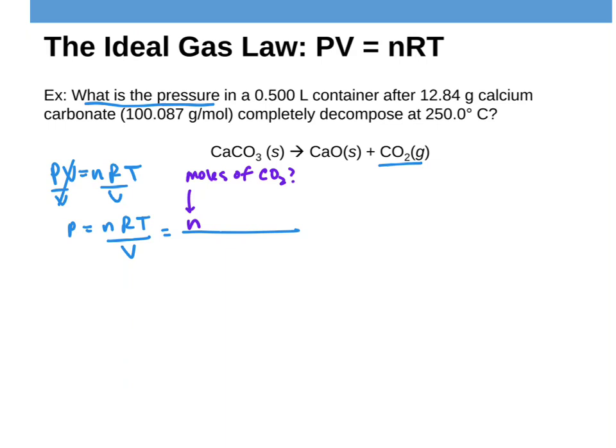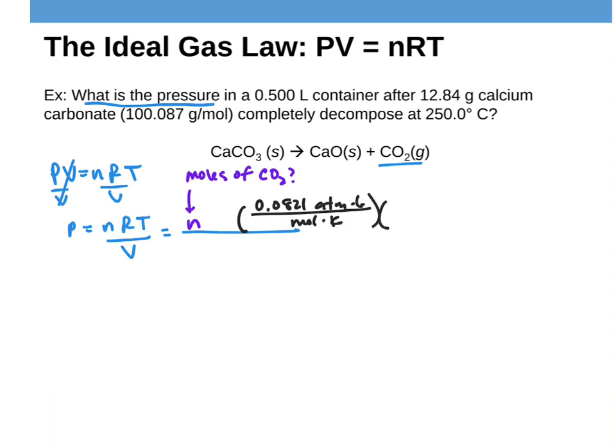But I'll go ahead and continue the rest of this. So I'm going to use my gas law constant, 0.0821 atmosphere liters per mole Kelvin, times my temperature, apparently 250 degrees Celsius.